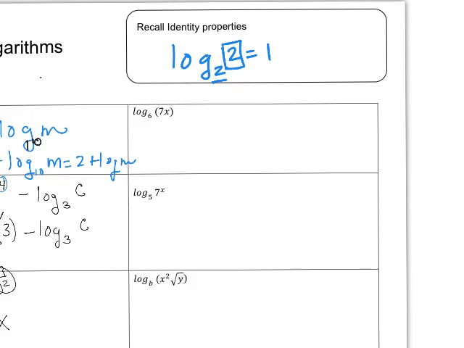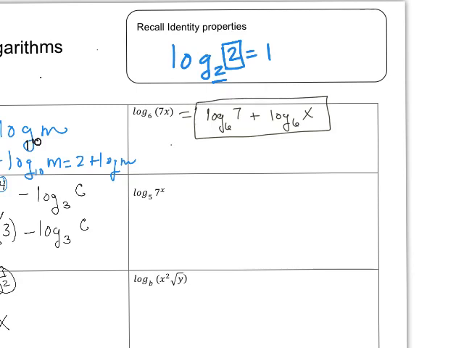So this is just equal to log base 6 of 7 plus log base 6 of x.